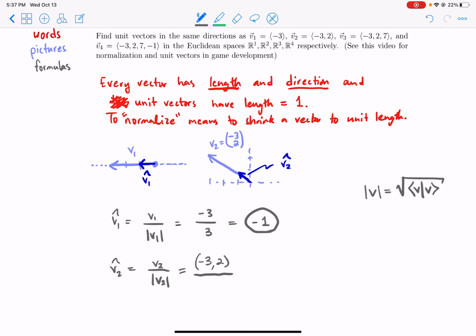Okay? And so, in this case, this vector dot itself would be, let's see, -3, 2, dot -3, 2. Well, that's 9 plus 4. And so this will be the square root of 13.